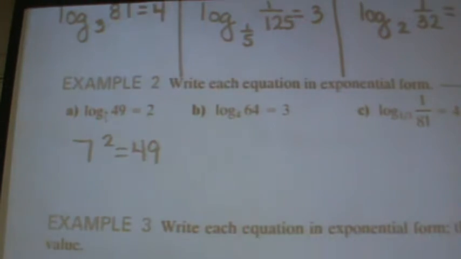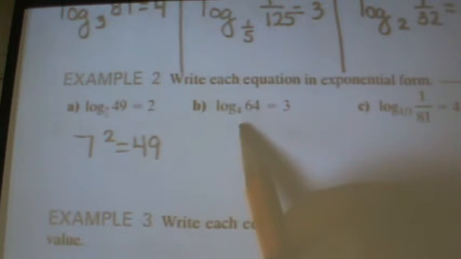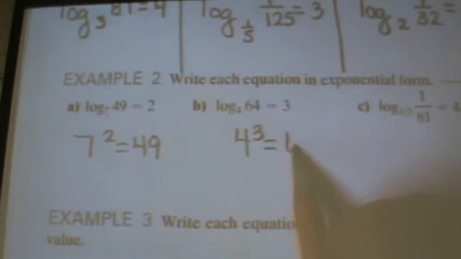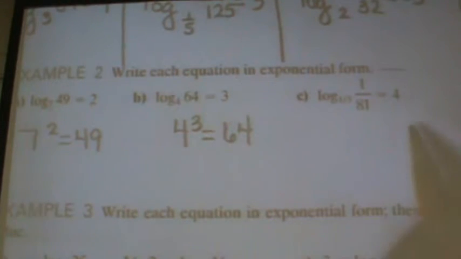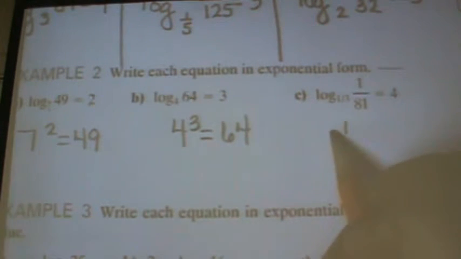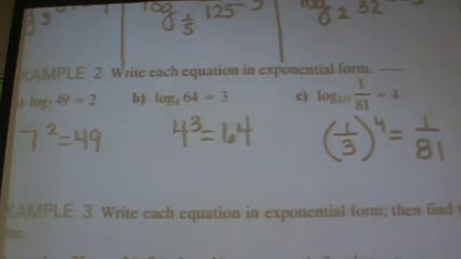That makes sense. 7 squared is 49. How about B? 4 to the third power is 64. And the last one: 1/3 to the what power equals 4? Beautiful.